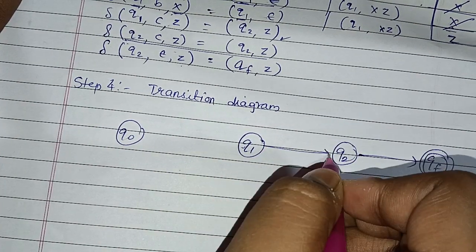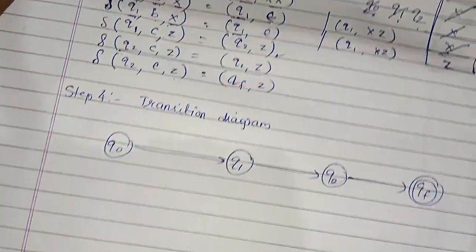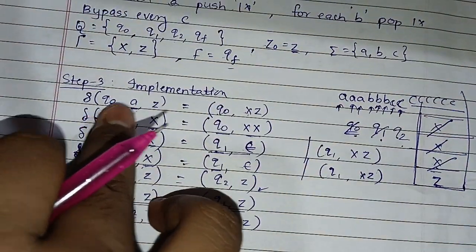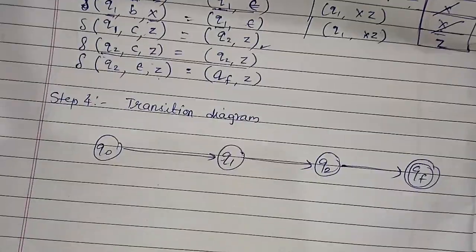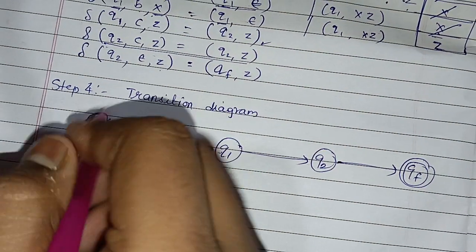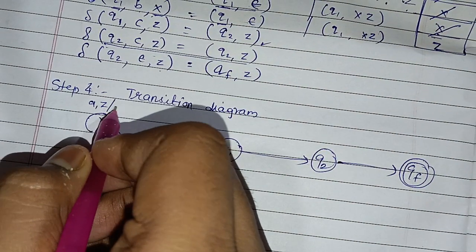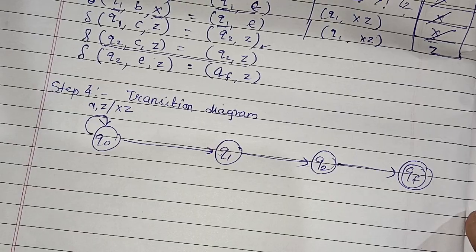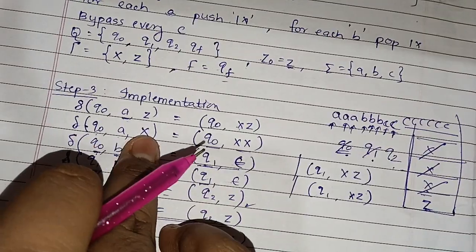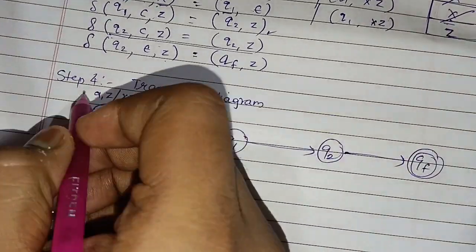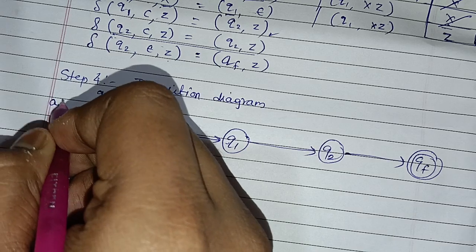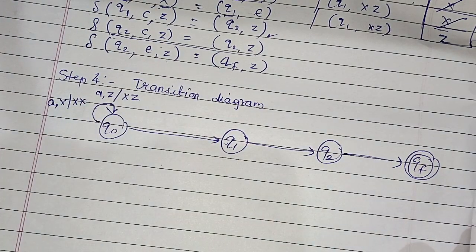There will be transitions. I am drawing this. Okay, now see, q0 receives a Z, x Z. Q0 receives a x, x x. So I'm writing here q0 receives a x, x x.